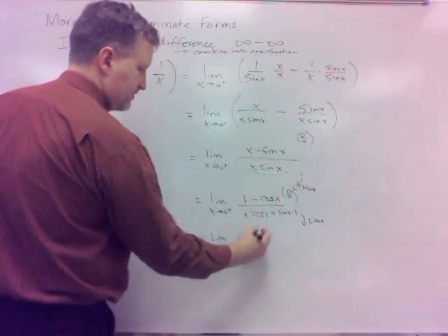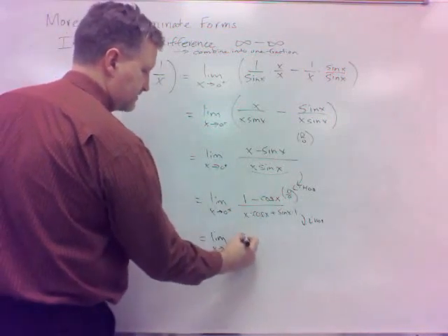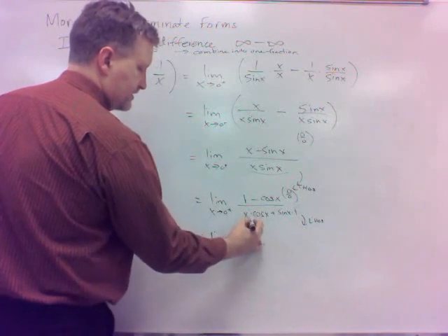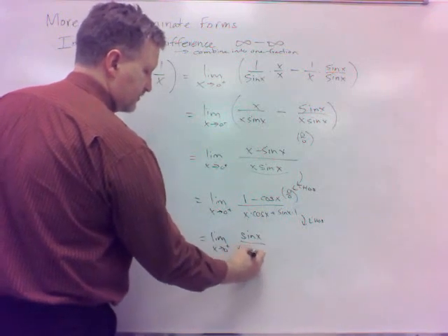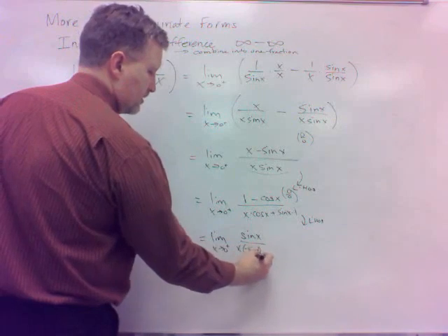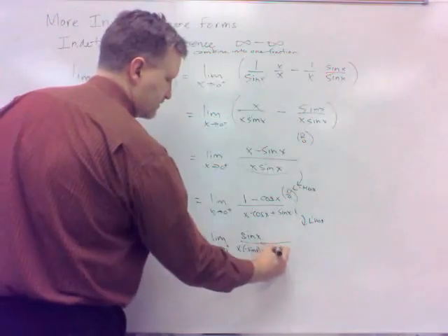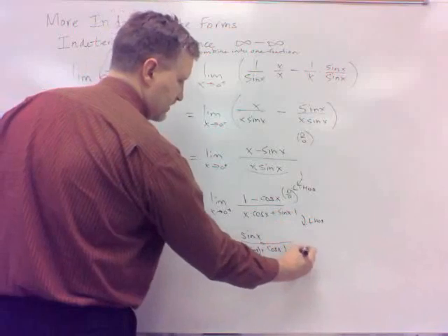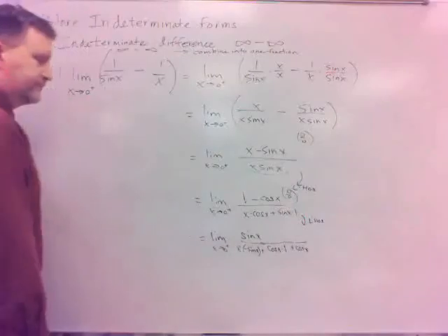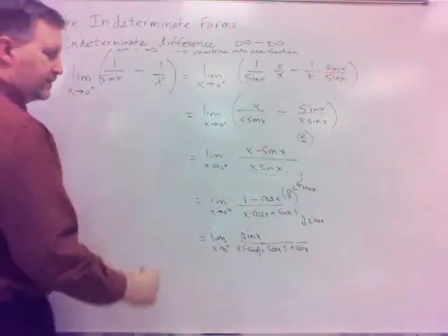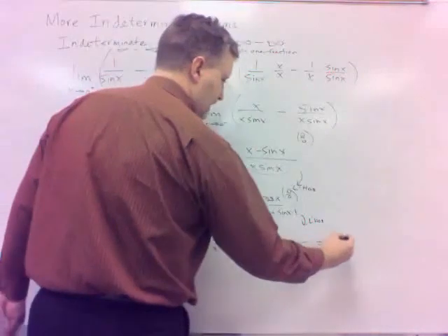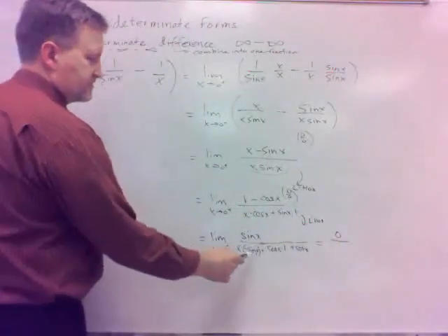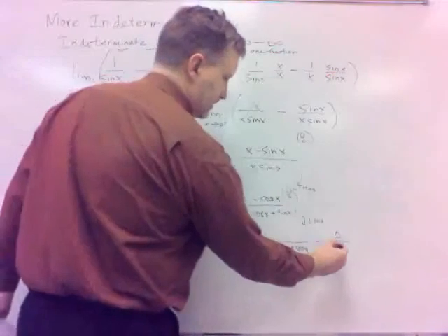Derivative of that is 0, derivative of that is minus the sine, so it'll be positive sine x on top. Product rule again on the bottom, so it'll be first times the derivative of the second, plus the second times the derivative of the first, and then plus the derivative of sine, which is cosine. Now I think we're ready to evaluate because the top is 0, but the bottom is not 0 anymore. x times minus sine, well that's 0.